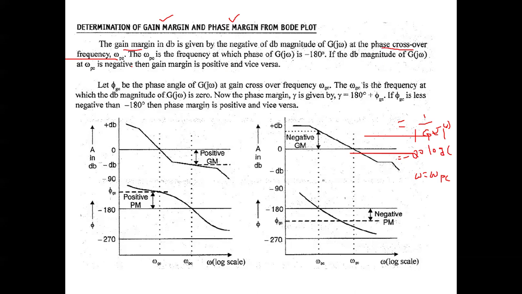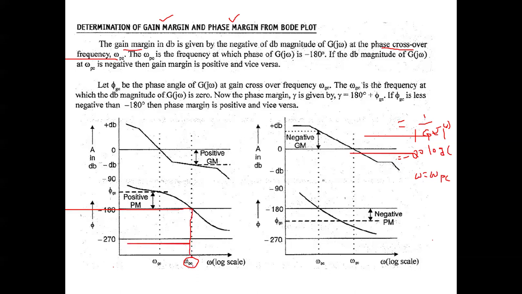So what is the meaning of phase crossover frequency? Omega PC indicates the frequency at which the phase angle is minus 180 degrees.